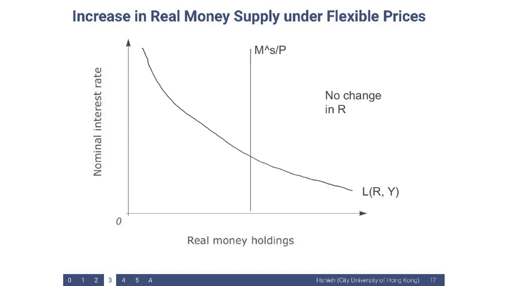Now let's think about flexible prices. So let me just draw out really quickly the starting equilibrium. Can someone tell me what happens in this graph when we have flexible prices and an increase in money supply? No change.